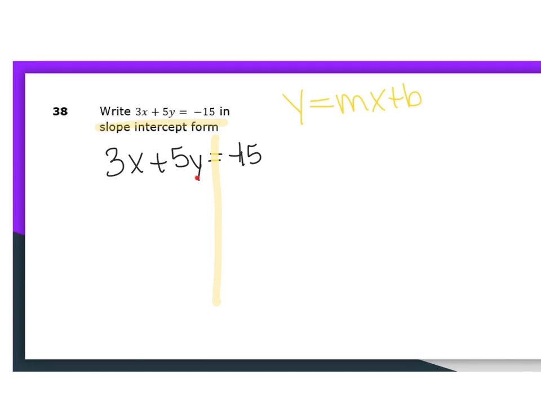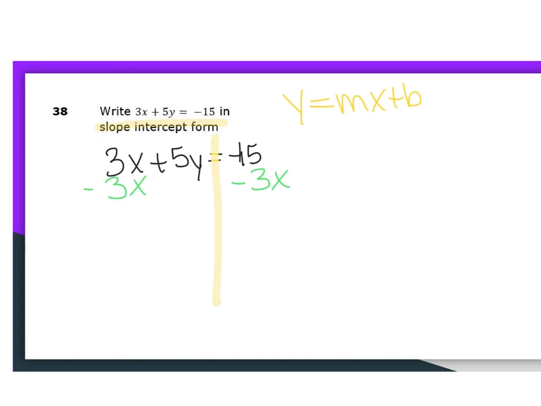So our goal is to get this y by itself. Right now, the first step is going to be to get rid of this entire first term. Because we're getting rid of the whole term of 3x, we're going to subtract. Right now it's positive, so the inverse would be to subtract. And whatever you do to one side, you do to the other side.